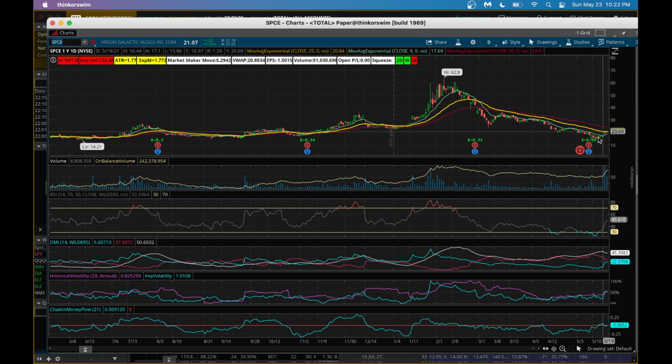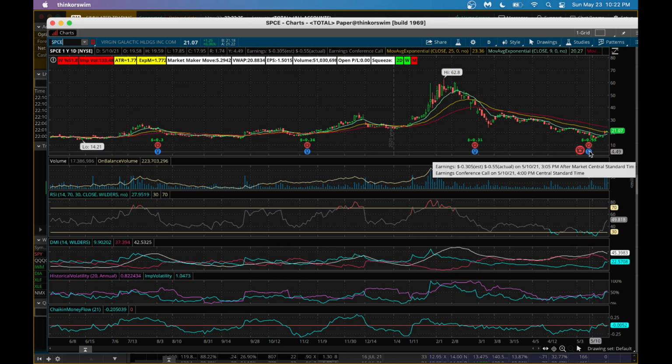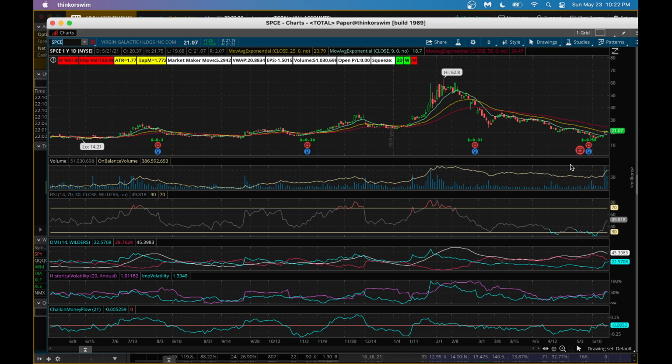I think it's trying to use the 25-day moving average as support right now, and it might go above the 50-day moving average if it is successful here. The company also announced earnings back on May 10th, so that's out of the way. So that whole earnings related volatility is out of the window right now.